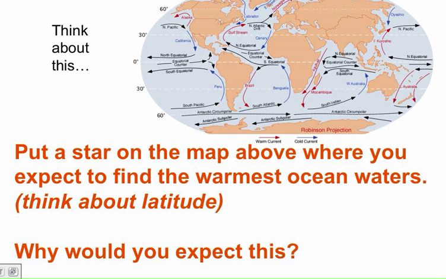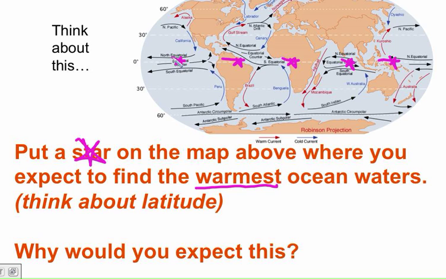Okay, so starting with uneven heating, let's remind ourselves of a few things. Where would we expect to find the warmest ocean waters? Thinking about latitude on your graph here in your notes, where would you put a star showing the warmest ocean waters? Hopefully you're thinking somewhere around the equator is going to be the warmest.